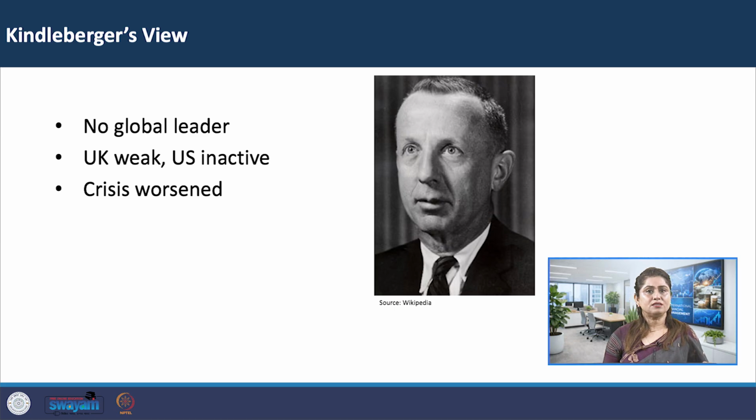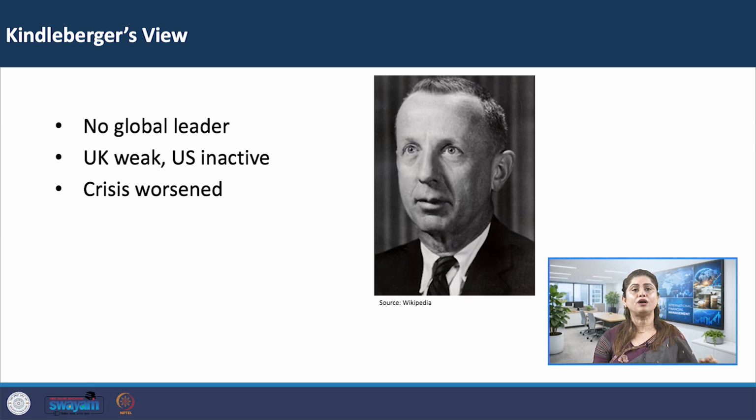An economist named Kindleberger later explained that one of the major reasons for the Great Depression, why it became so severe, was the absence of a global leader. Earlier, Britain used to play that role, but now Britain was weak, and the United States, although strong, did not take responsibility.